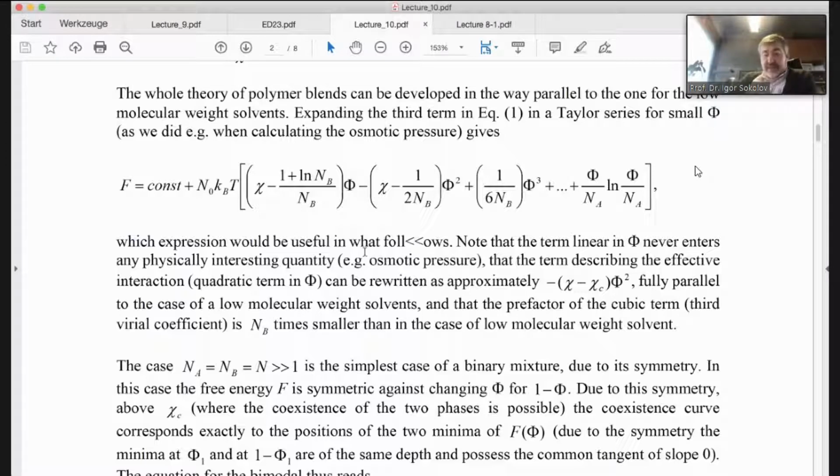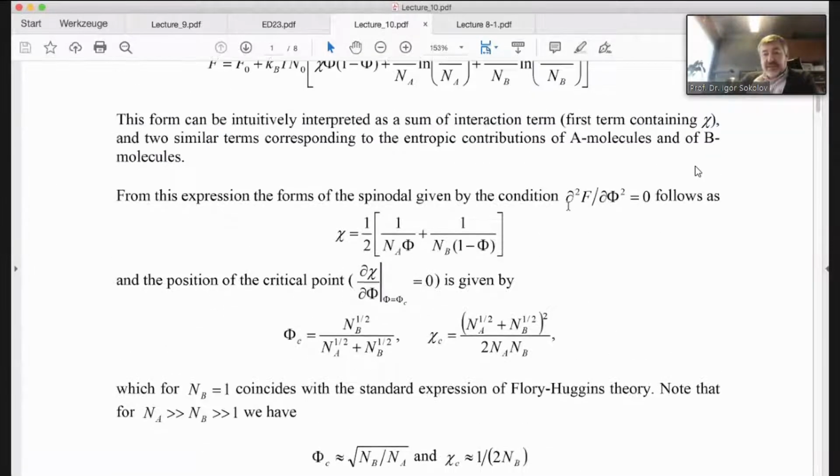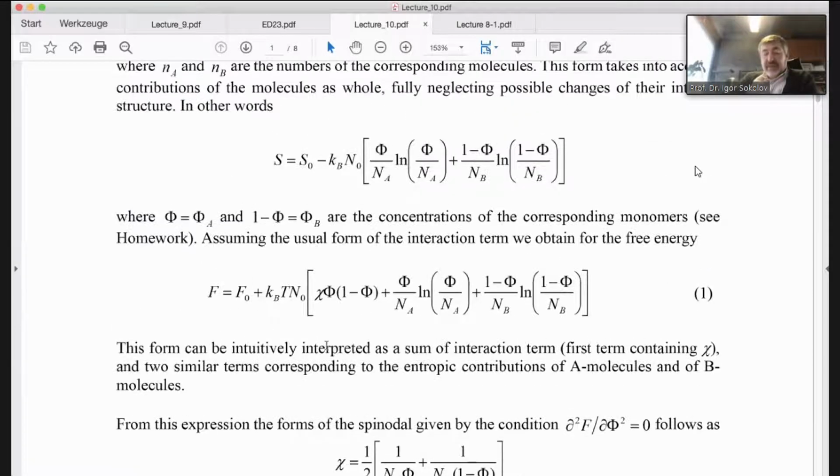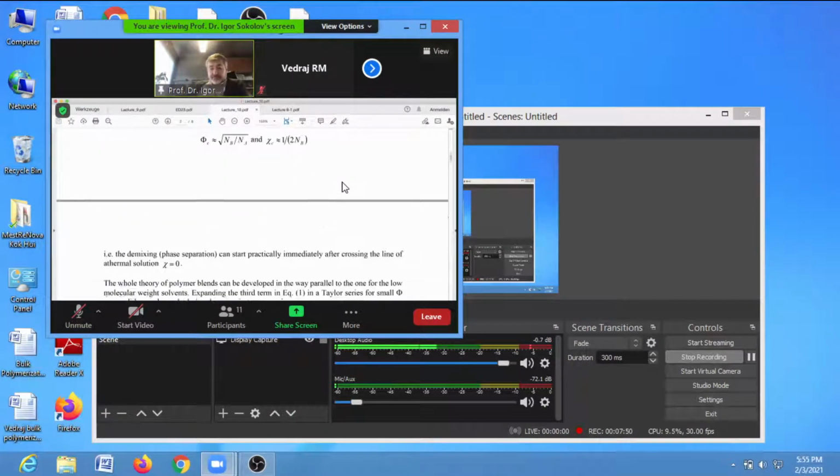And here I will simply take the Taylor series of this expression, assuming phi small. So this is small, this is small. With the logarithm I can do nothing, but here I can safely expand.